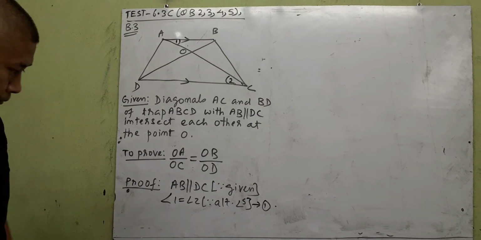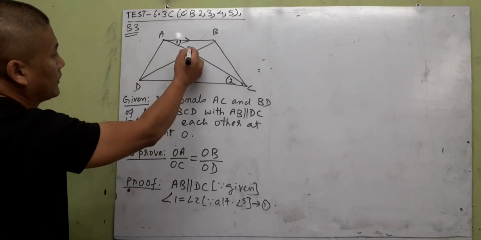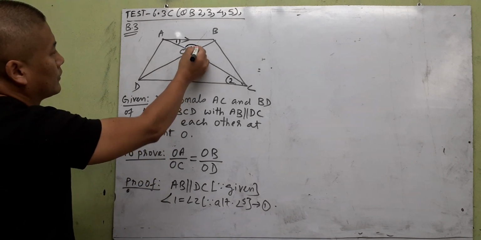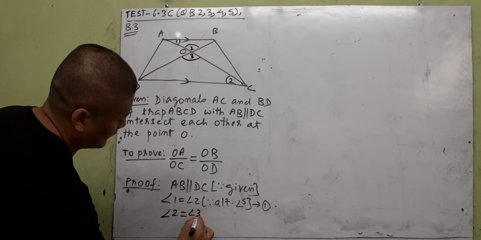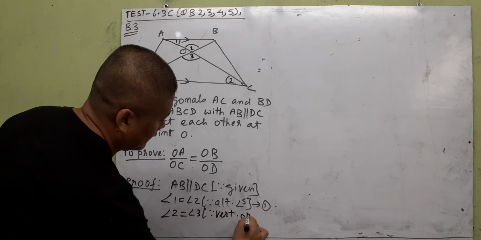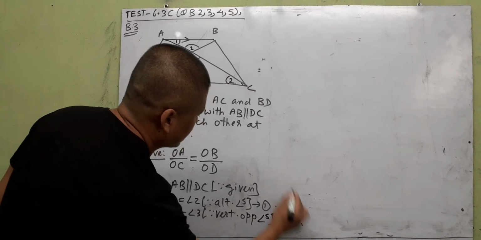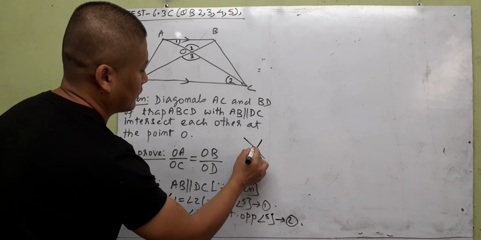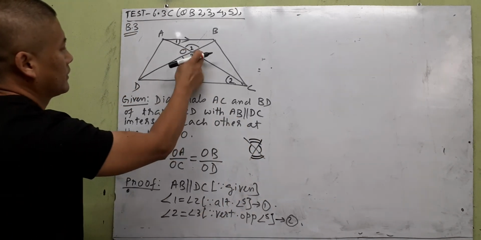Now next I will write here: angle 2 equal to angle 3, because we know they are vertically opposite angles. Equation number 2. When two lines cut, vertically opposite angles are equal.